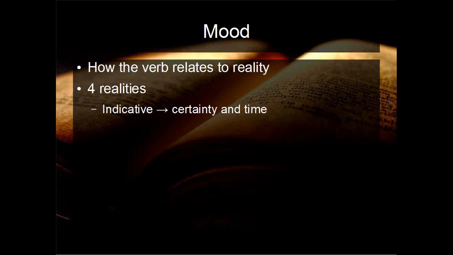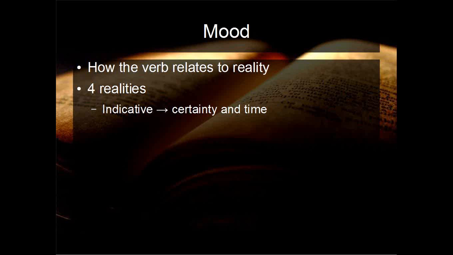Okay? So when the action is happening, it actually happened. This is indicative, which, by the way, I'm going to introduce you to some of the forms of the indicative today, okay? But indicative has to do with certainty and time, all right?